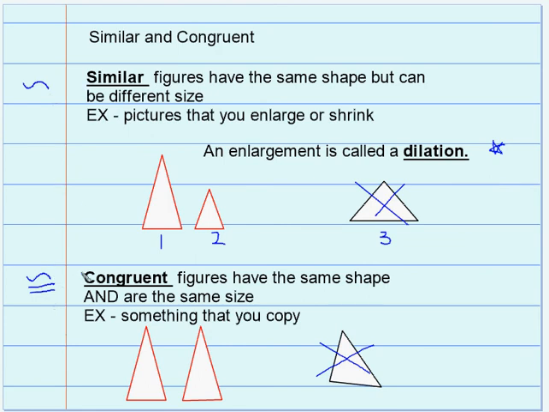Now, if you look at the two, this is the symbol for similar with equals. That's congruent. So all congruent figures are automatically similar. Okay? So these are also similar. And you might be asked a question about that. If they're congruent, they're automatically similar, but it doesn't work the other way around.